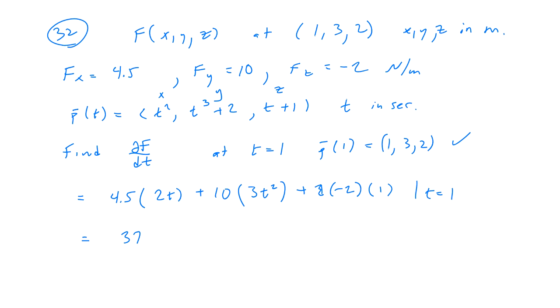And since the partials with respect to x, y, and z are in newtons per meter, and since the derivatives of x, y, and z with respect to t are meters per second, we'll get back newtons per second.